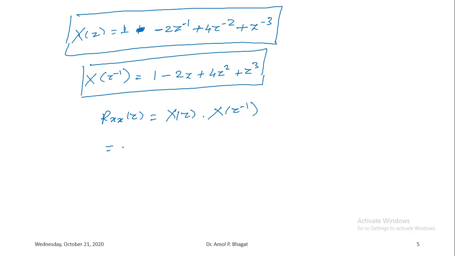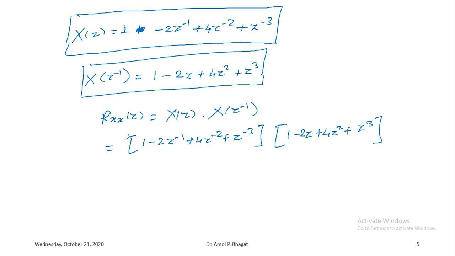So x of z is 1 minus 2z inverse plus 4z to the power minus 2 plus z to the power minus 3, multiplied by 1 minus 2z plus 4z square plus z cube. Initially I will multiply it with 1, so it will be 1 minus 2z plus 4z square plus z cube.